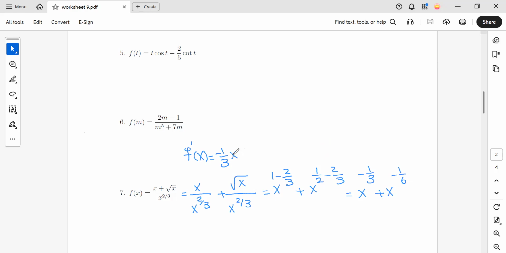So let me see. 1 minus 2 over 3 is positive, not negative here. This is positive. Okay, 1 over 3 minus 1 will be negative 2 over 3.